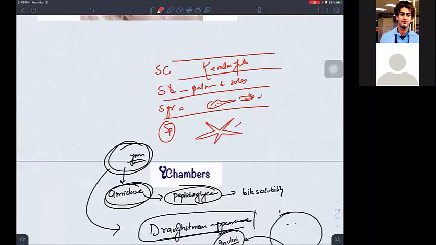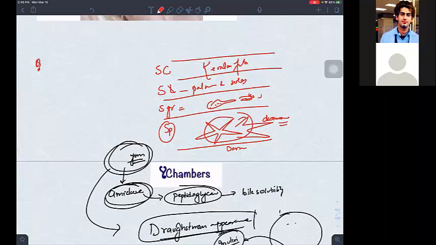And why spines? Because of the desmosomes. Then we reach the dermis. Easy. So if a question is asked, why are these spine like? Because of desmosomes.